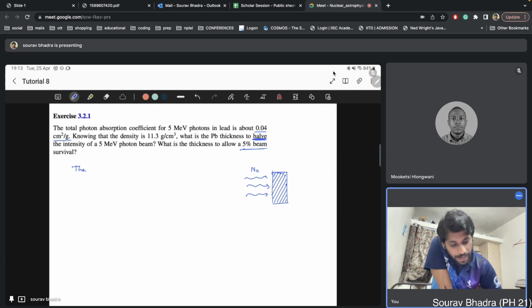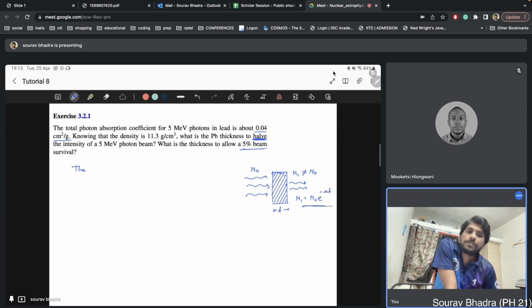Due to that, the intensity which comes out will be different. So if it is n1, this n1 will not be equal to n0. If the thickness is t, then n1 is n0 e to the power minus mu t.